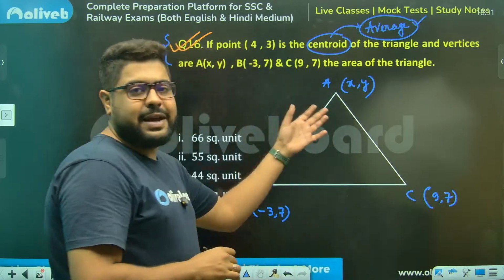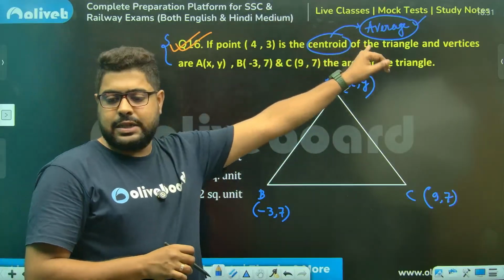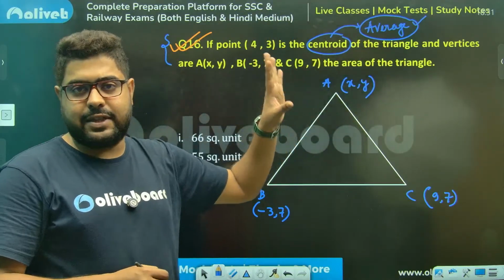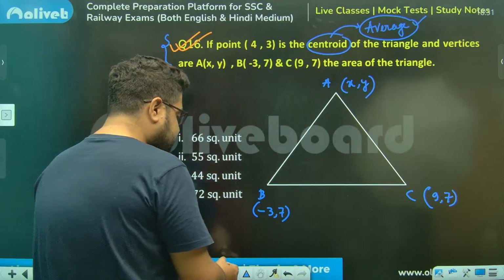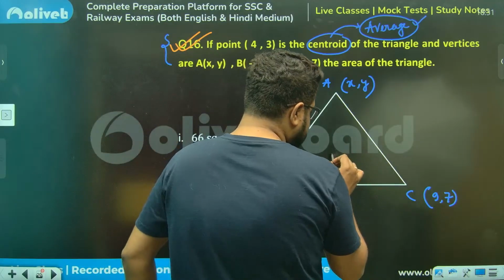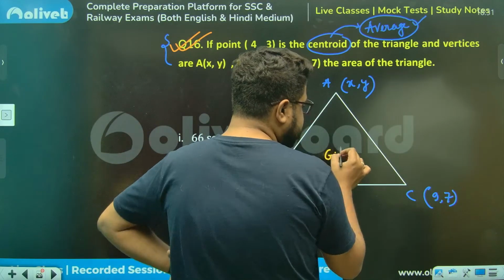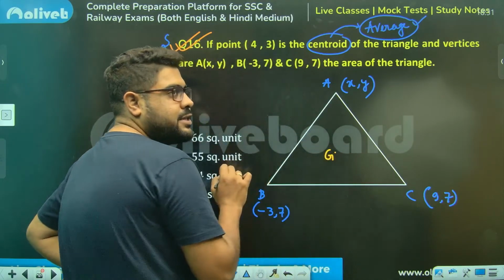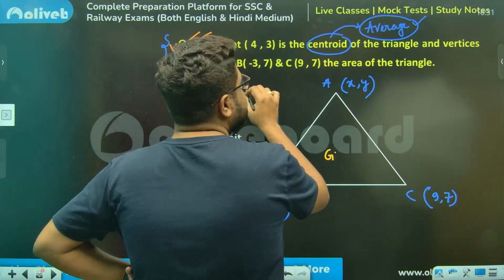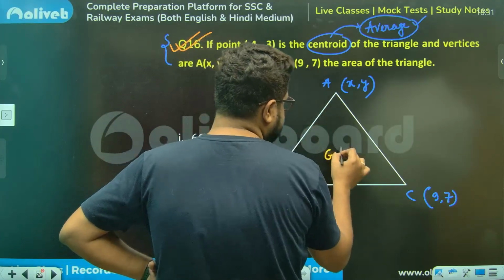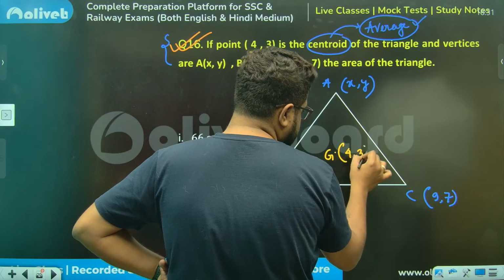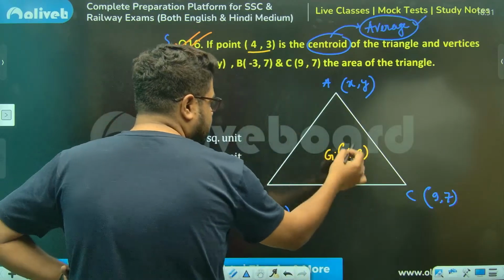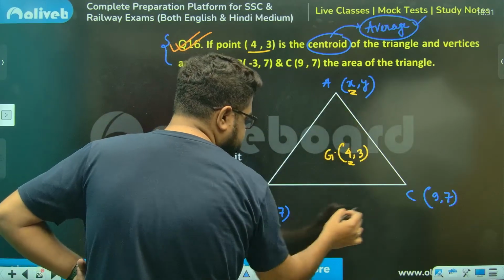In my foundation batches, I have given you the derivation of why this is an average; it comes from the section formula. Now, the centroid, we generally say G, is nothing but the average. G is given as (4, 3), sir. Chalo. That means the X coordinate will be the average of the X coordinates.